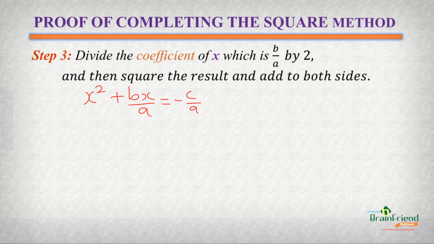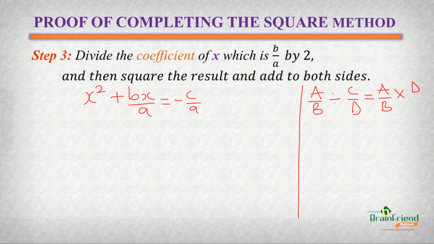So we are asked now to look for half of b over a. Please take note, if you have an expression like this, a over b divided by c over d, from our basic algebra, this can be written as a over b times d over c, right?